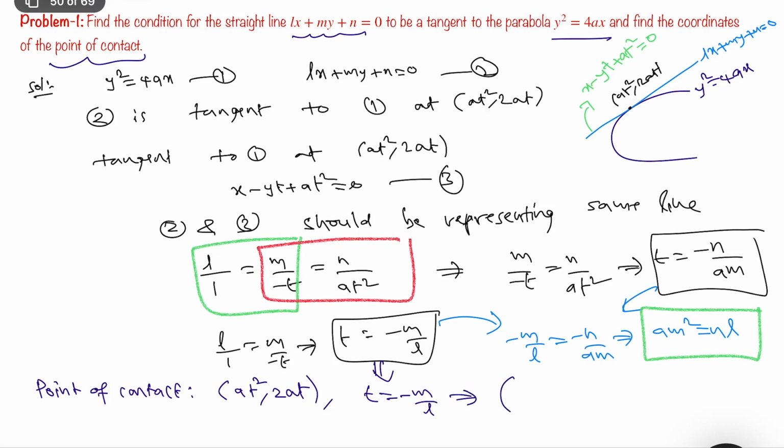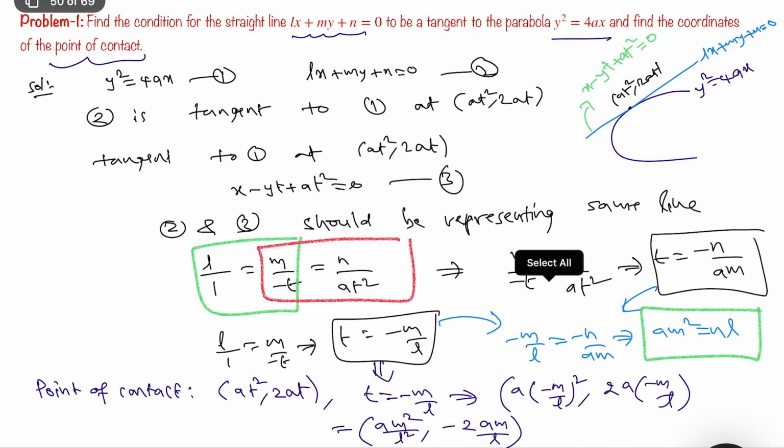Then the point (at², 2at) is going to be (a(-m/l)², 2a(-m/l)), so it's going to be (am²/l², -2am/l). So this is the point of contact.